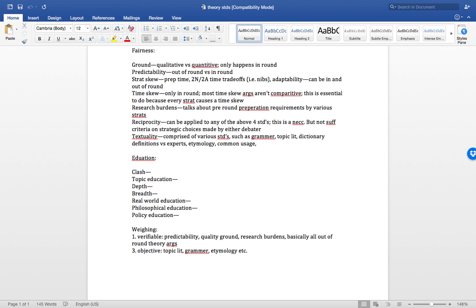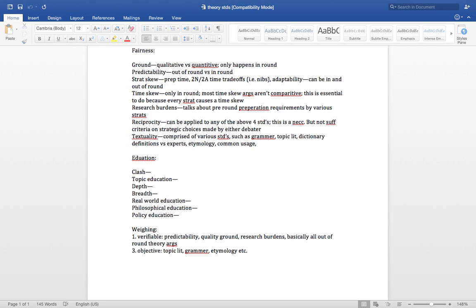So what's the next main standard for topicality? That's it. We just got to the end of our analysis. I think the other big argument that people make is ground.